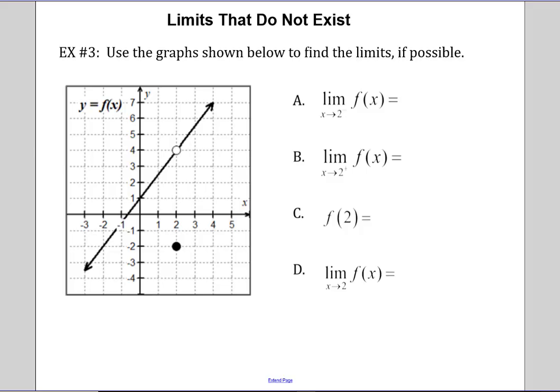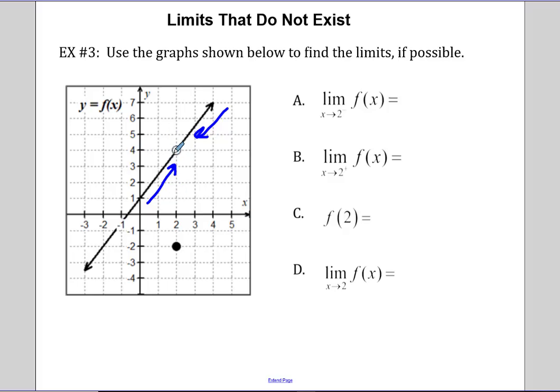So here we're going to look at some graphs in example 3. The limit as x approaches 2. This is the general limit. In order for the general limit to exist, we have to consider as we approach 2 from the right and from the left, where is the y value heading?